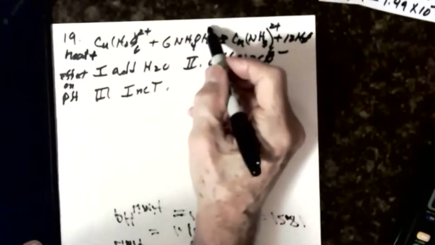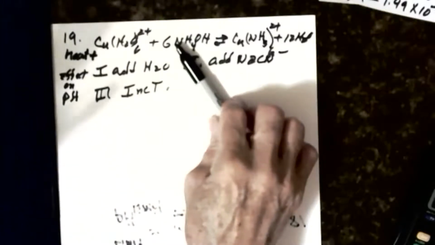If I added water to that system, I'm just going to dilute all the concentrations. I don't know what the pH is, it wasn't given right there, but let's just say if I'm talking about pH, I'm talking about an acid dissociation type.